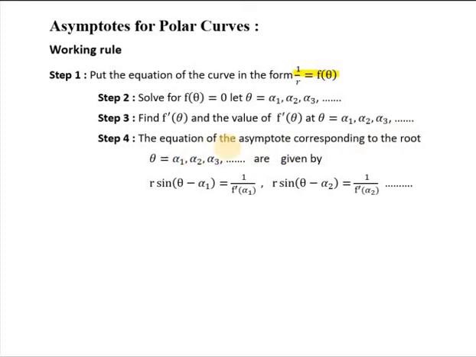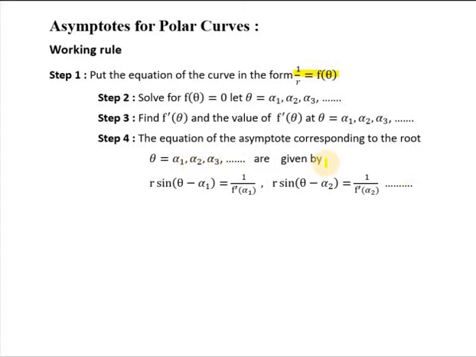Step 4. The equations of the asymptotes corresponding to the roots theta is equal to alpha 1, alpha 2, alpha 3 are given by r into sine of (theta minus alpha 1) is equal to 1 by f dash of alpha 1, and for the second root r into sine of (theta minus alpha 2) is equal to 1 by f dash of alpha 2, and so on.